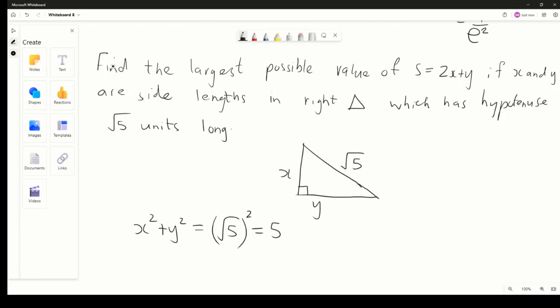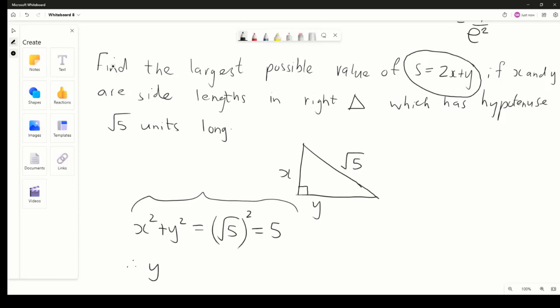And we can now express this function in terms of one variable only, because we don't have the tools to work with what we call partial derivatives yet, where we could deal with a function of two or more variables simultaneously. So what we will need to do is express y in terms of x by virtue of this relationship here, okay?